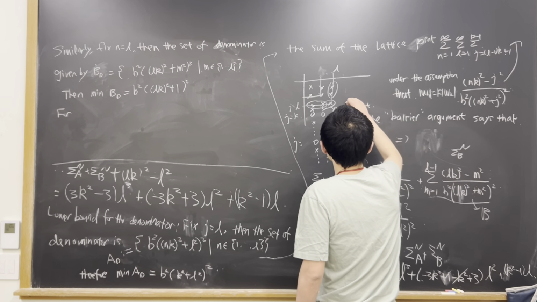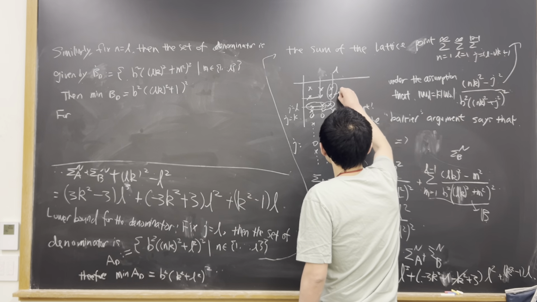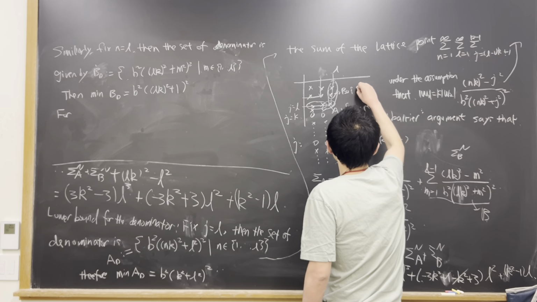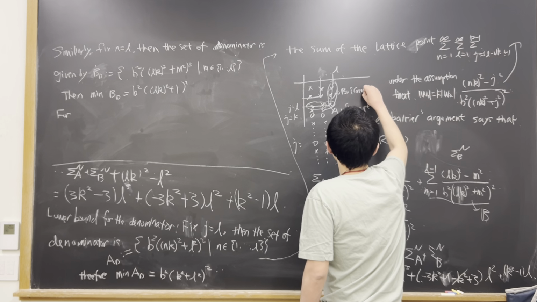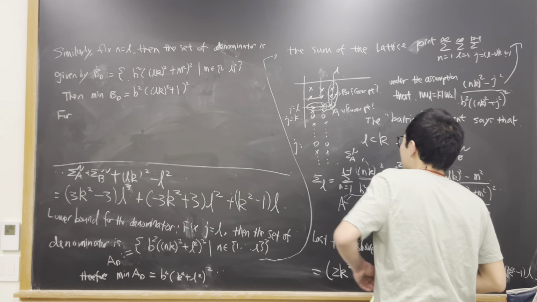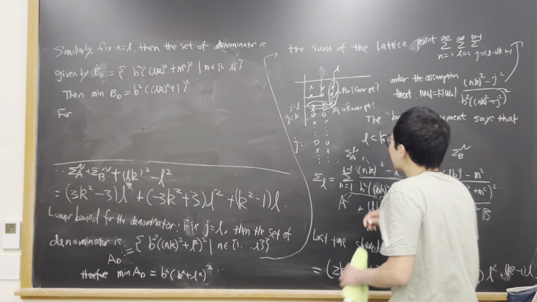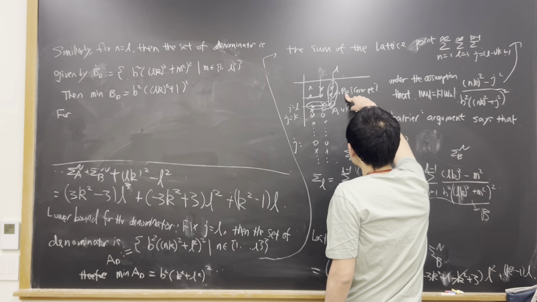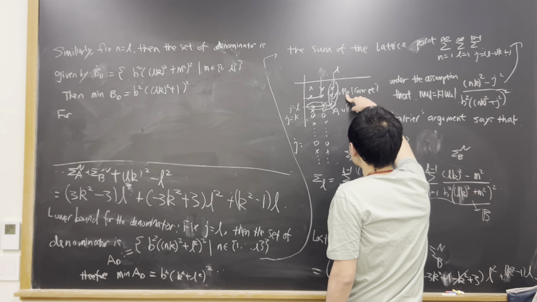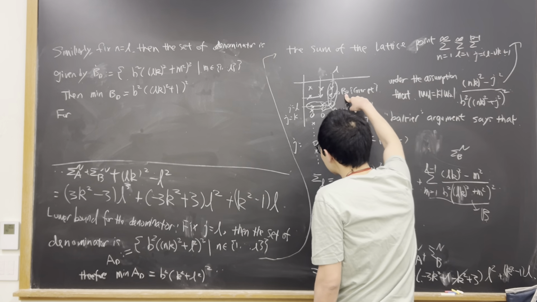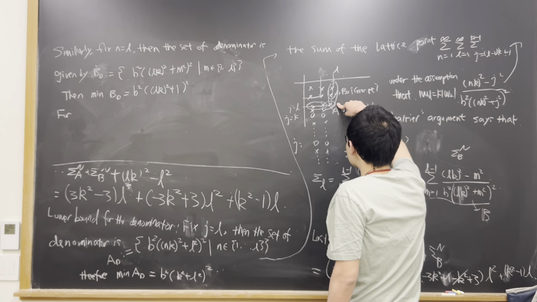And then this is like B union the corner point. So to find the global minimum, the global minimum must be less than or equal to the local, so it must be the smallest element in the set, right?